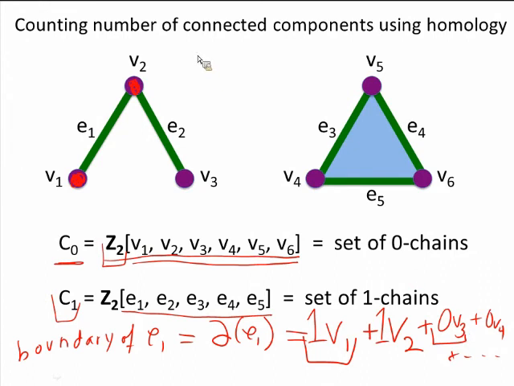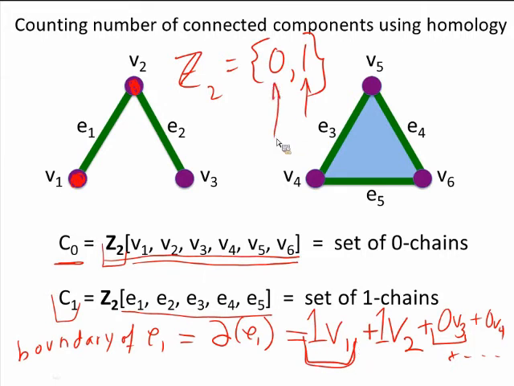So with Z2, our only coefficients are 0 and 1, meaning we either have the element, so we've got 1V1, or we don't have the element in our boundary or whatever we're talking about, in which case we have 0. So Z2 is good computationally and great for clustering, for finding the number of components. Any questions on that?